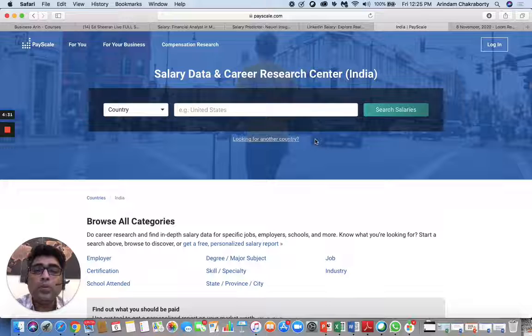Once you go over to these specific sites and place across your profile, designation, experience, or which location you are from, you'll get an understanding of what is generally the range, right? Now it may so happen that the range is different on each of these sites, but you'll see it won't be way different, it would be somewhere in between, right?